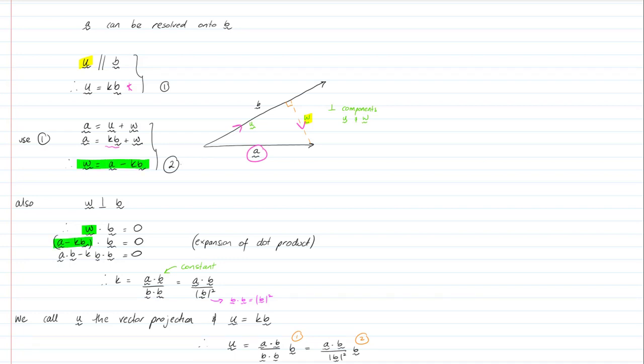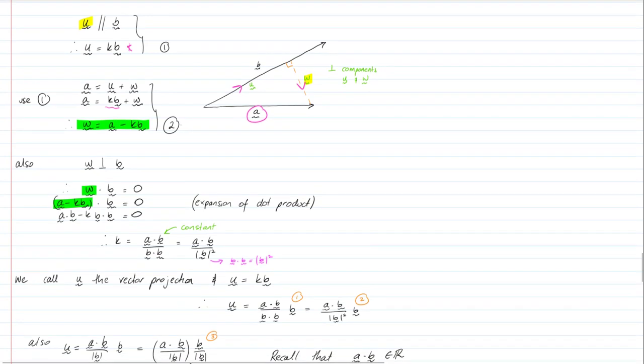And of course we have expansion of the dot product, which we've learned quite recently, and we can distribute this dot product. We get A dot B minus K B dot B. So therefore K is equal to, and this is just a quick rearrangement, K is equal to A dot B over B dot B. This is the rule, this is where it all comes from.